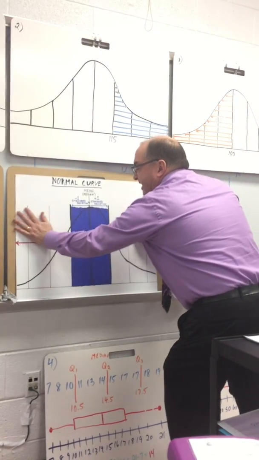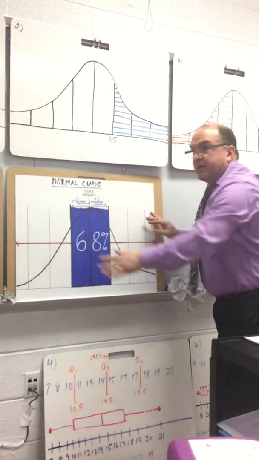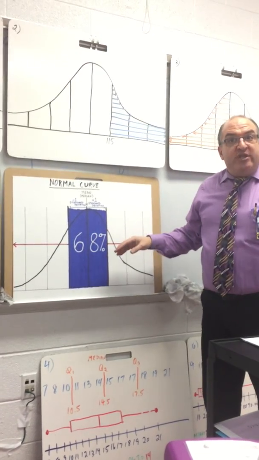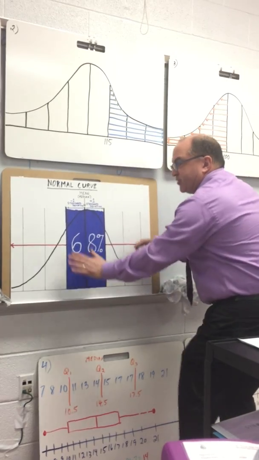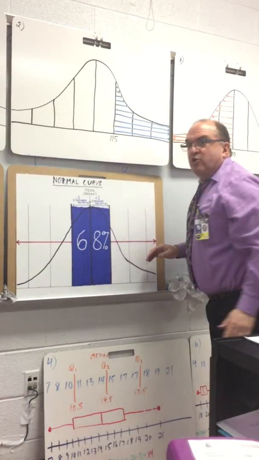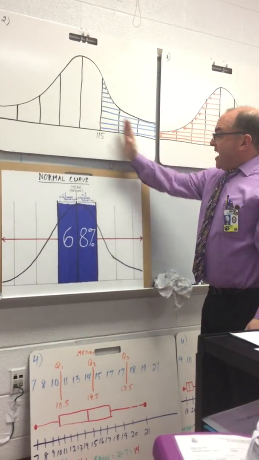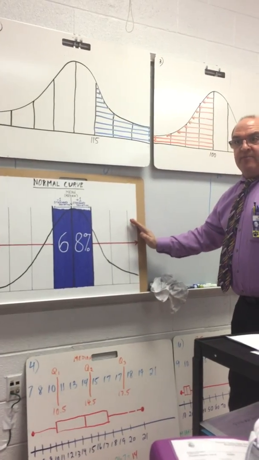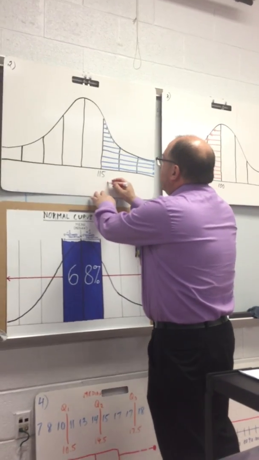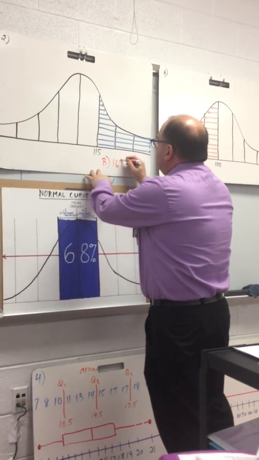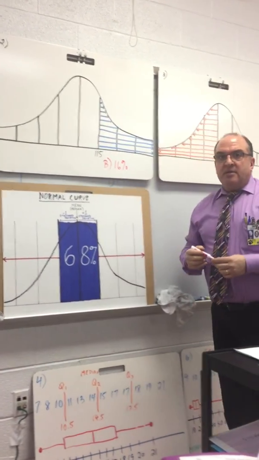Both of these added together is 32, right? Because 68 plus 32 is 100%, right? So if this is 68%, then this is 32%. But I only want on this side, right? So this is 16%. Letter B is 16%. Please write that down. Okay?